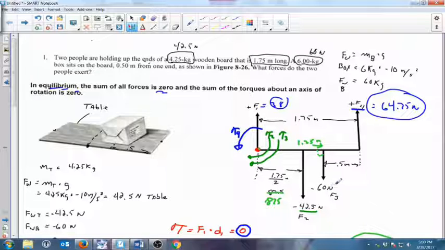Okay, if the minus 60 wasn't here, could you see that both these guys would be lifting equally since the weight's right in the center? But it's not. We got another box over here, which makes this guy end up carrying more. It's more toward his side than it is this. And the 38 plus the 64.75 equals what's going down. So that's my final answer.